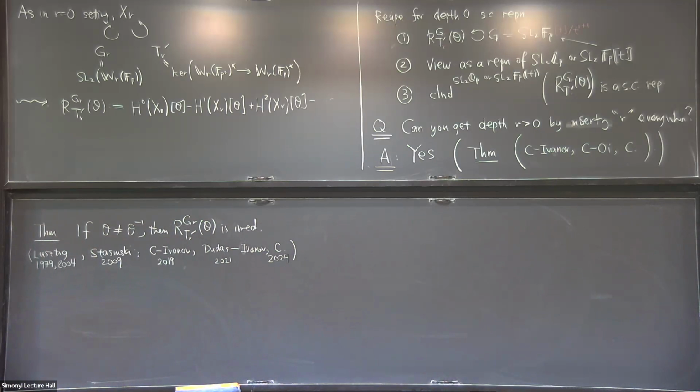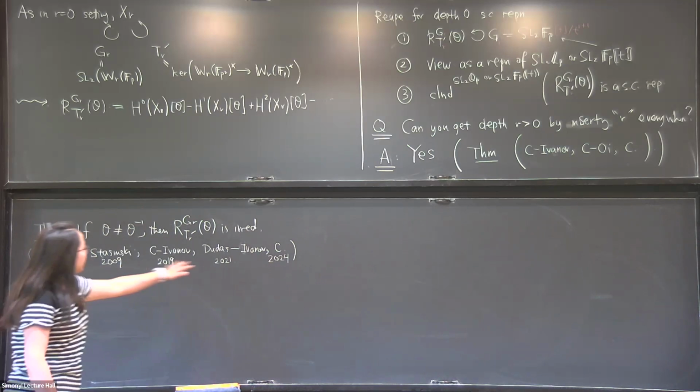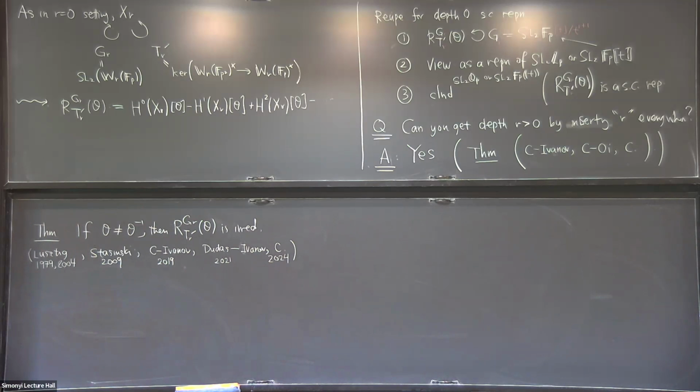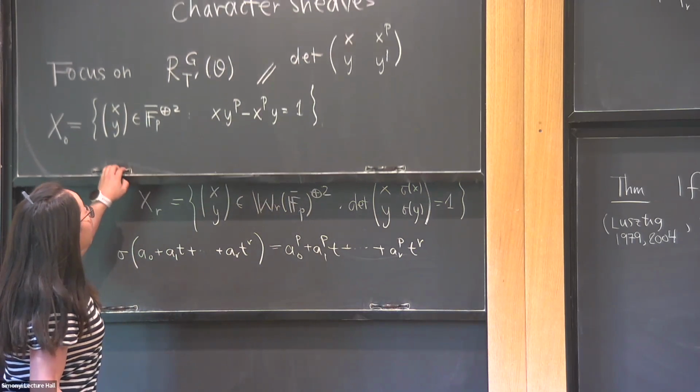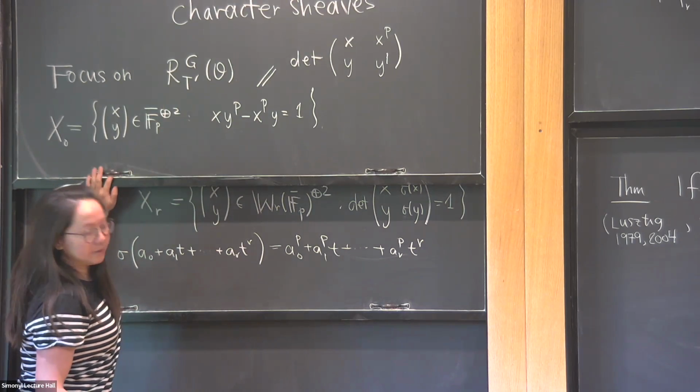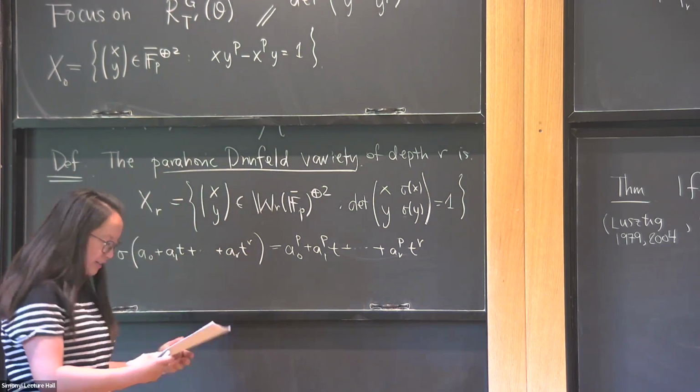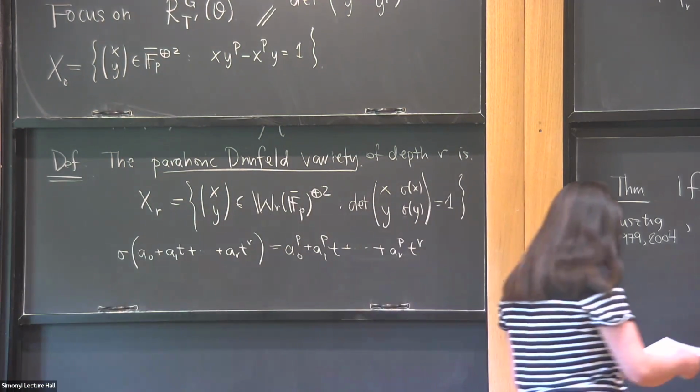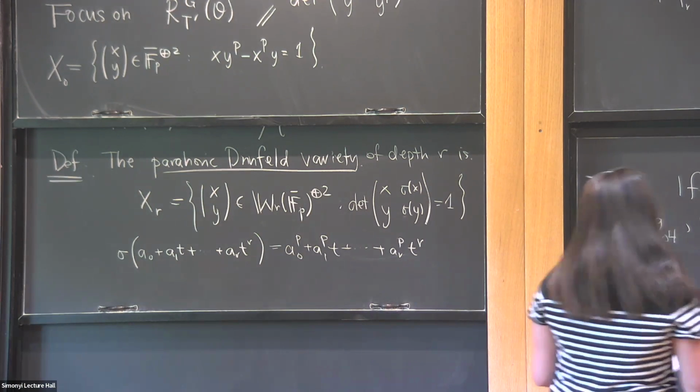Okay, so this is an irreducibility statement. So maybe as indicated by some history, this result is much more difficult to obtain than in this R equals 0 setting. And at some point you can ask me why, but let me move on for now.